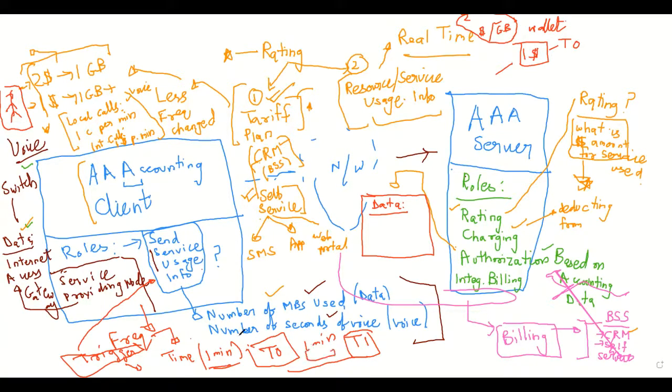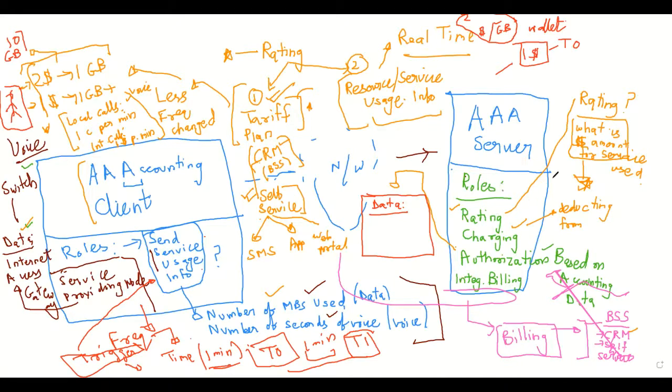Let's say in this 1 minute I have consumed 10 GB. I have already consumed it, right? Done. So this information will be sent over at time T1 to this server.